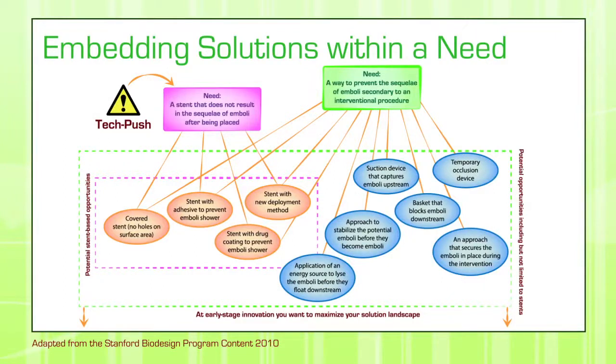A better way, for example, to express this need of preventing clot formation when using stents could be a way to prevent the sequelae of emboli secondary to an interventional procedure. And that's a way better way to express a need, because nowhere in that second need statement does it express what the solution might be.